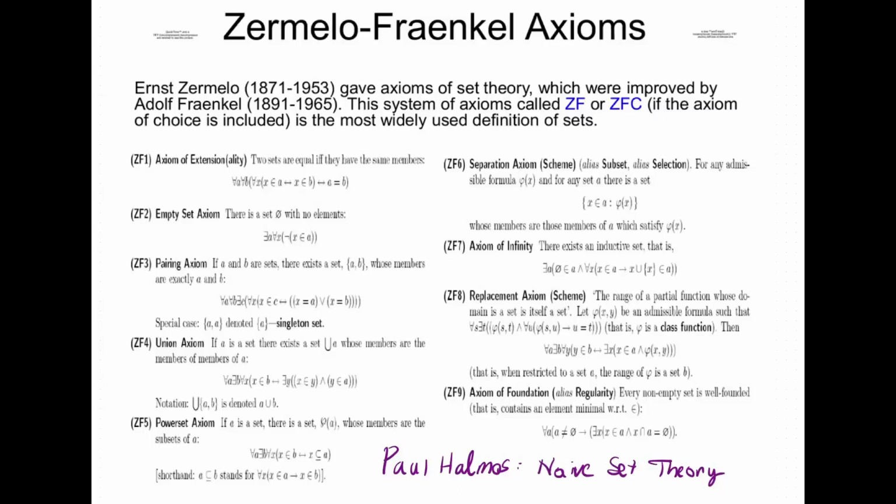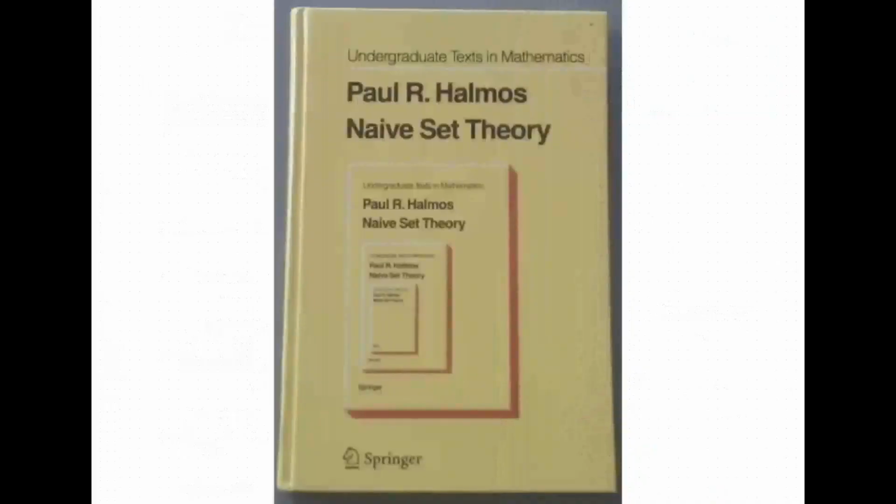Whereas the goal for this course is to use set theory, but specifically with the goal of getting the foundations of how one proves statements in mathematics. And so this is a much deeper investigation in terms of the foundational aspects. And so I highly recommend Paul Halmos's Naive Set Theory if you want to pursue this. This is the cover of the book.